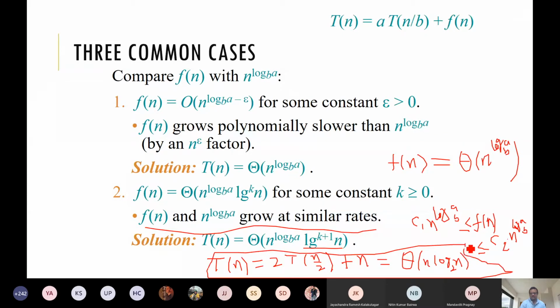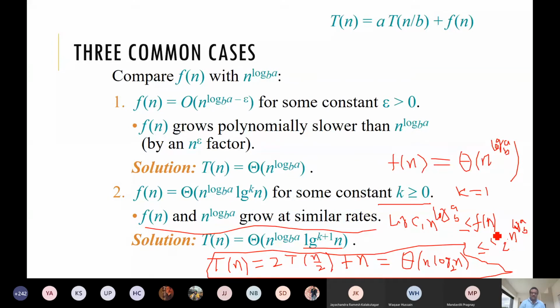Sir, can you explain the reason of k equal to 0 once more? Here k is an option; it could be 0. Let me explain when k is 1. Then we have a log term on both sides. That means they are similar, but they could differ by a log factor.